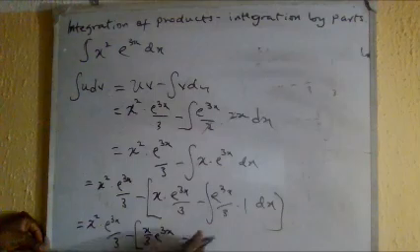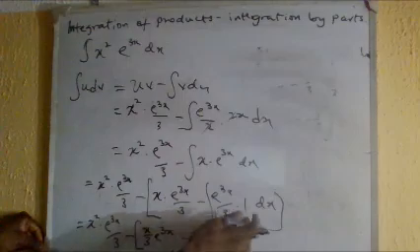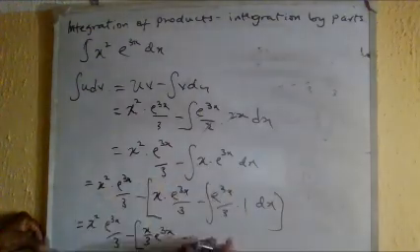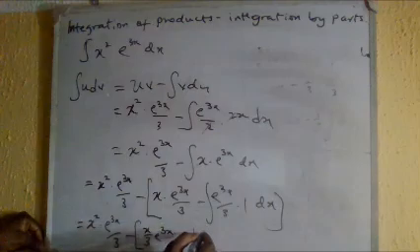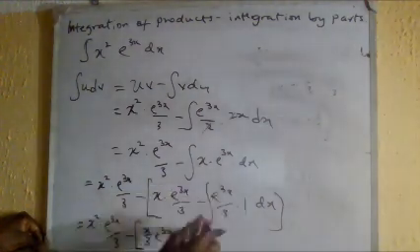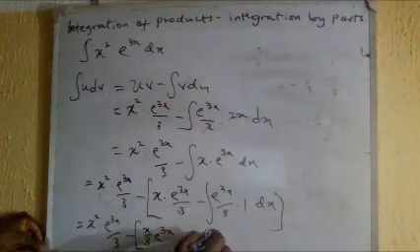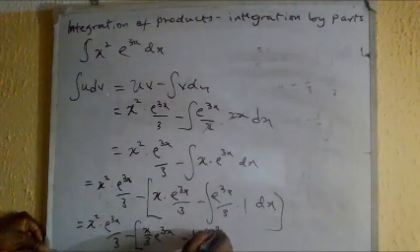I can integrate this one easily. I can bring 1 over 3 outside and integrate this one. If I integrate it directly, it's the same thing as saying exponential 3x over 3, so plus c.